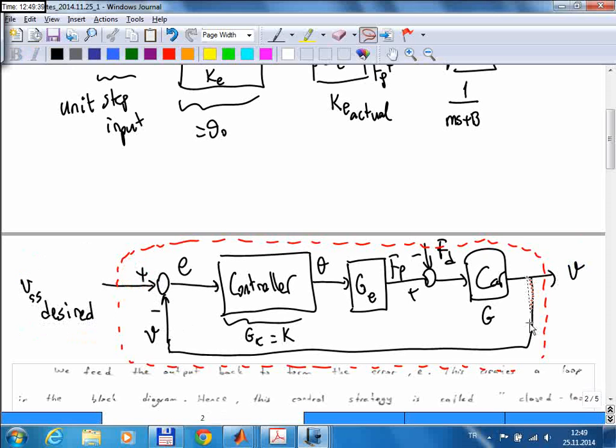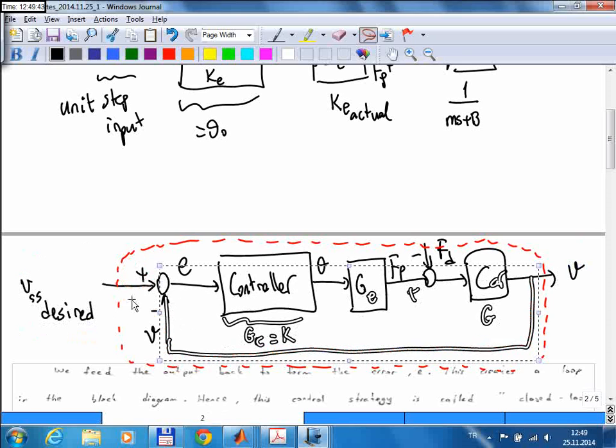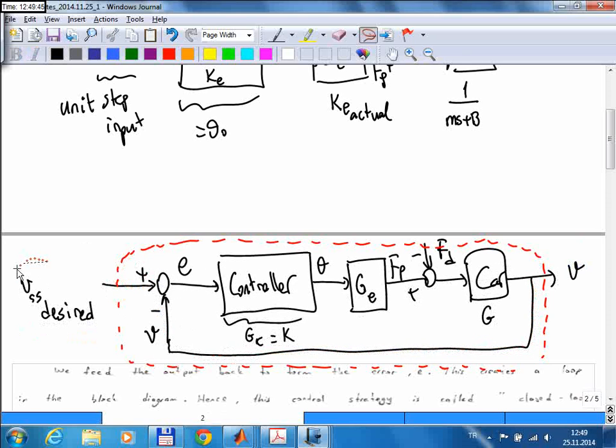So we take the speed of the car, bring it here, and then take the difference between our desired speed and the actual speed. So this now becomes the error in our speed. Now obviously, if this is a positive number, that means the actual speed is less than the desired speed. In that case, we should apply more gas. So based on this error, we can decide what to do.